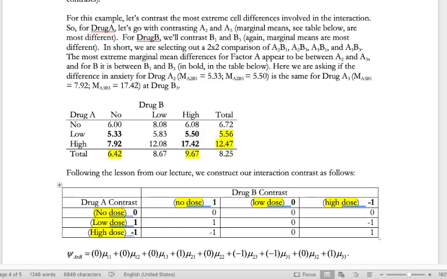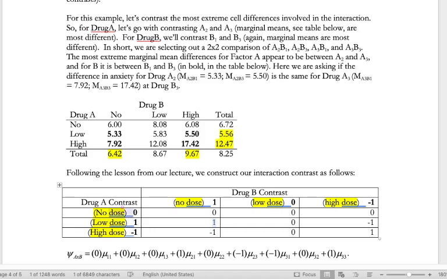What we do with this is essentially we're just going to times these values out based on the table. So if we look at drug A low dose, drug B no dose, well, 1 times 1 equals just 1.